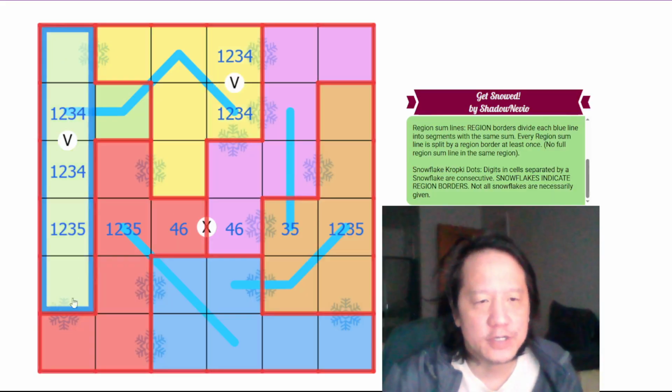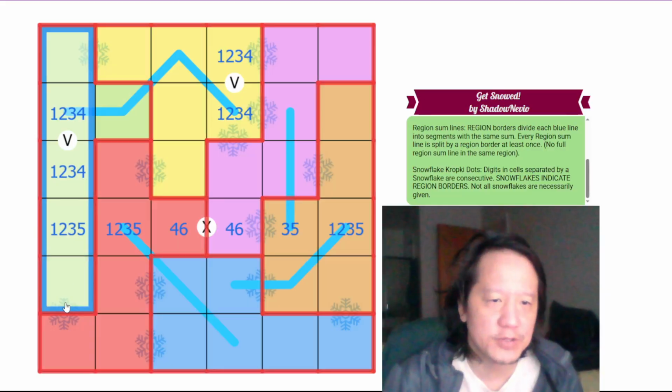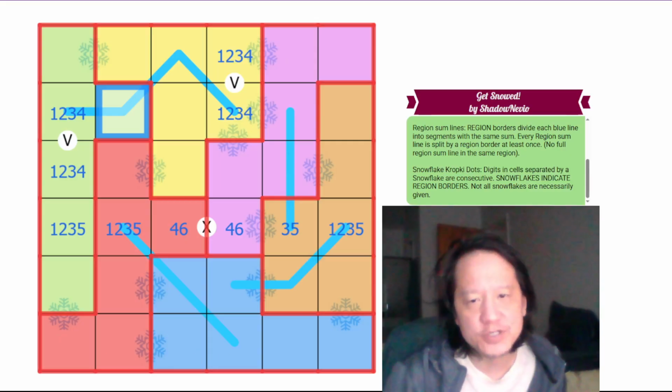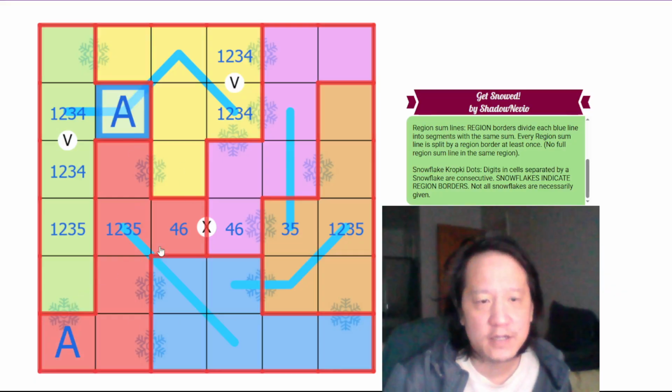This is normal irregular Sudoku. Whatever digit is here obviously can't be in the green region because they are in the same region. It can't be in column 1. And it has to be in the green region somewhere. So this digit has to be the same as this one. So we're going to mark it as A. That's A.